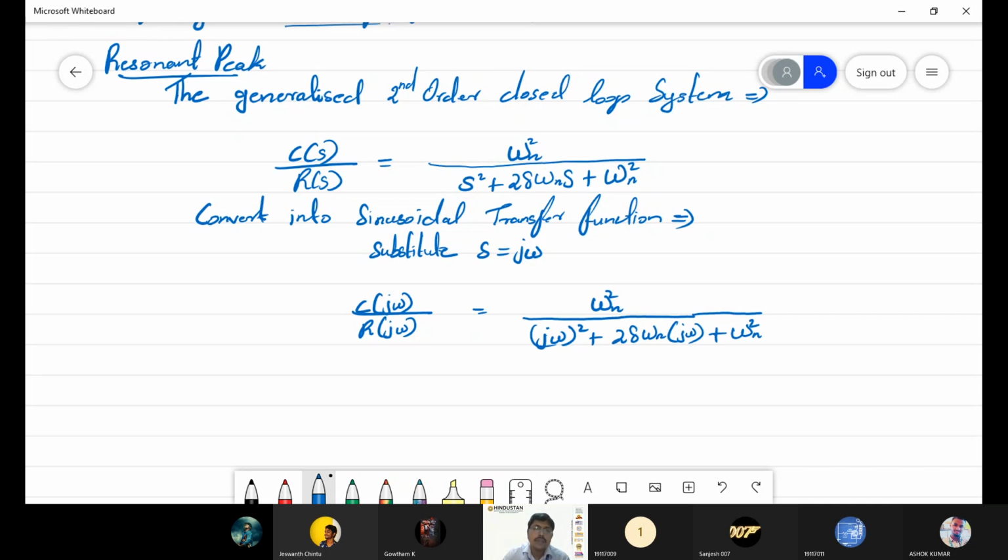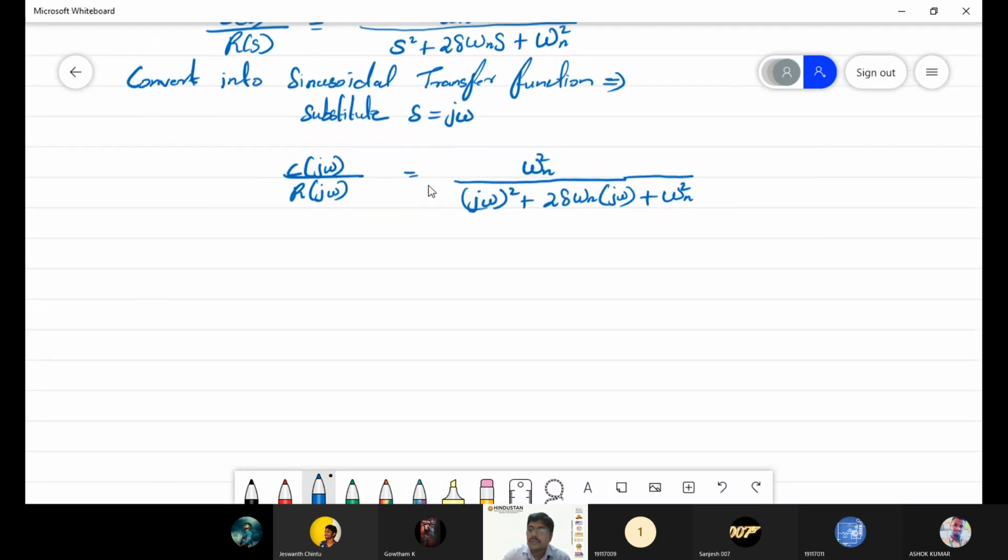That's all I did. Now a small simplification I'm going to do. That is equal to omega n square as it is. And one more thing, we know that j omega the whole square means omega square and j square is minus 1, am I right?